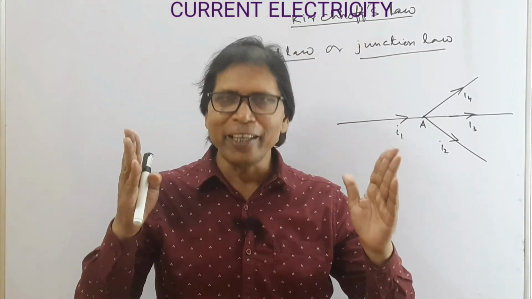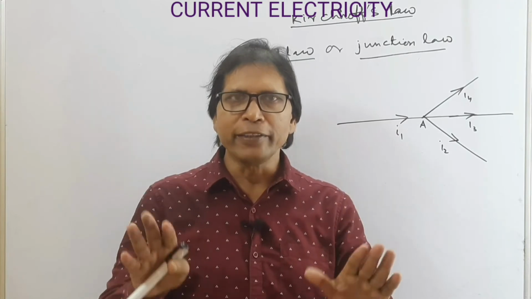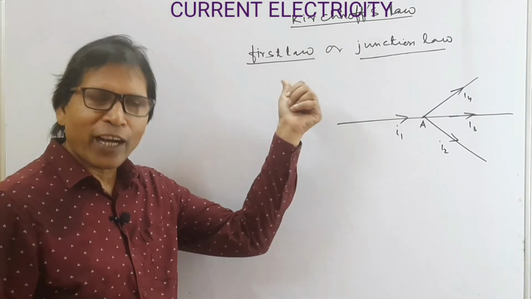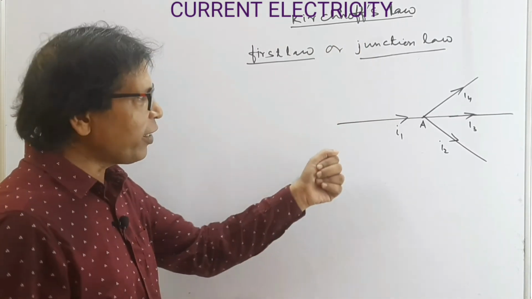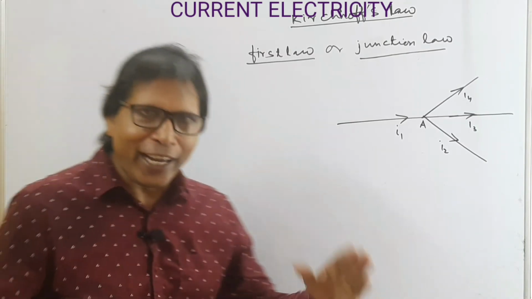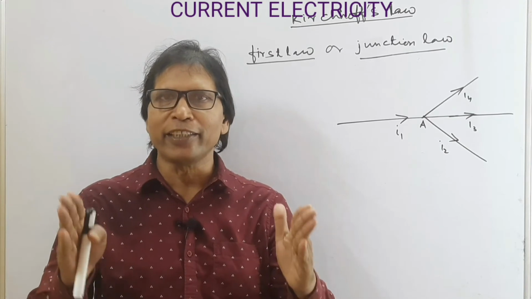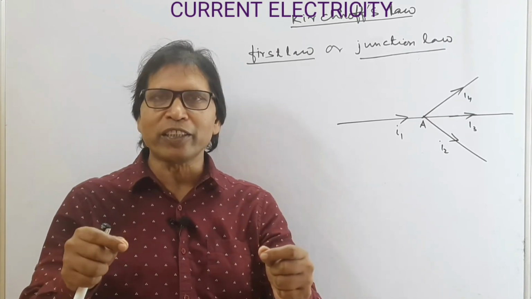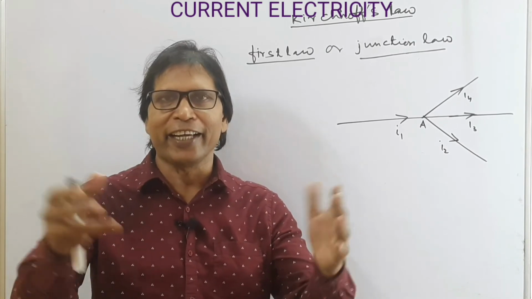Kirchhoff's law is very important in finding the current of branches having different loops. Now Kirchhoff's first law, also called the junction law. The statement is: the algebraic sum of currents meeting at a point is 0. The incoming current is taken as positive and the outgoing current as negative.